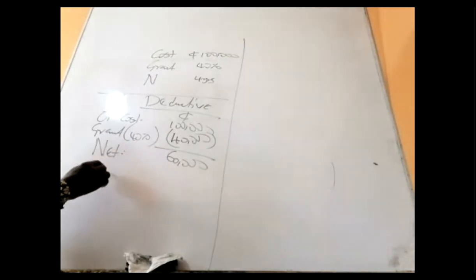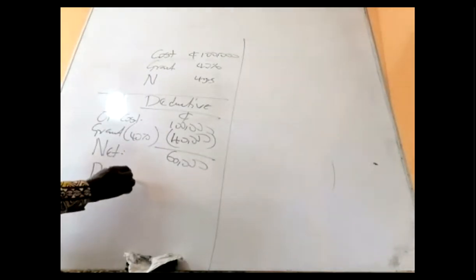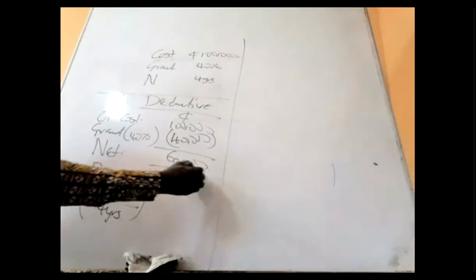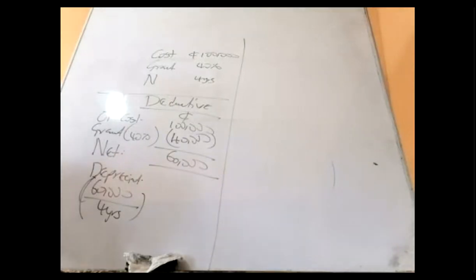Let's calculate depreciation. What will be the depreciation? It's 60,000 divided by what? 4 years, right? It will be the 60,000, not the original cost. So we said subtract the entire grant from the cost of the asset and depreciate the remaining balance.